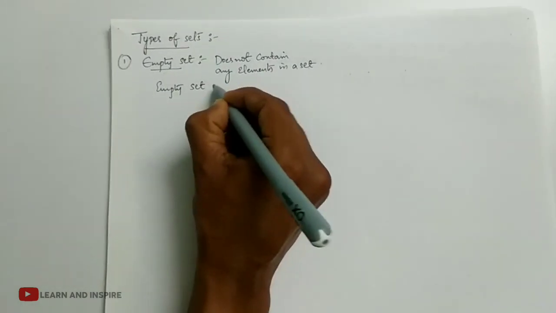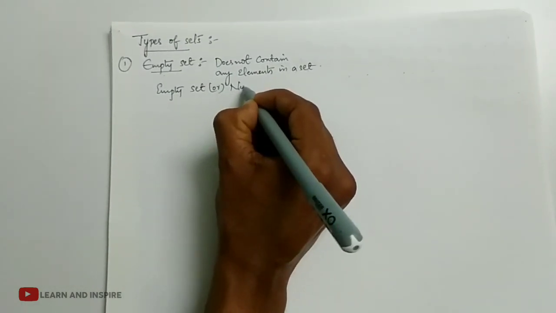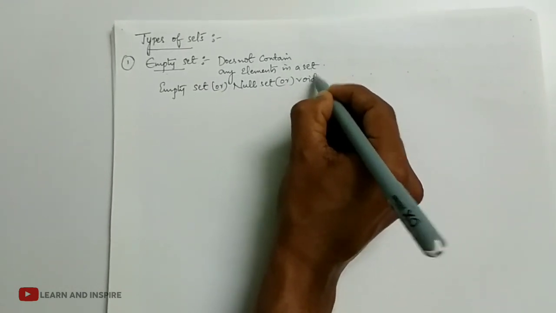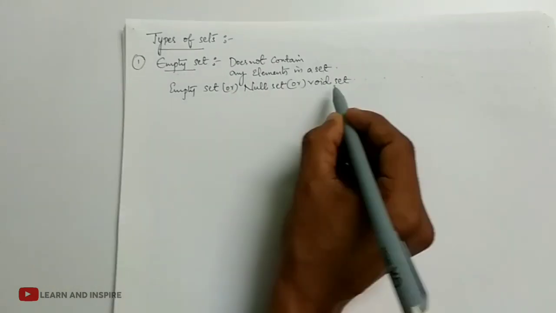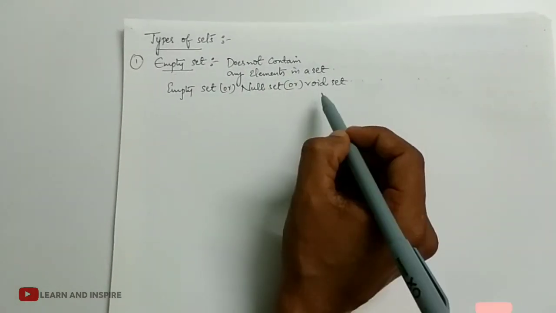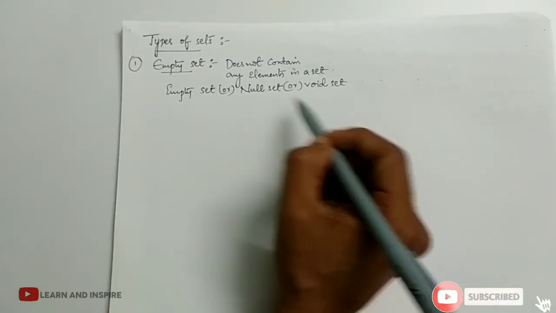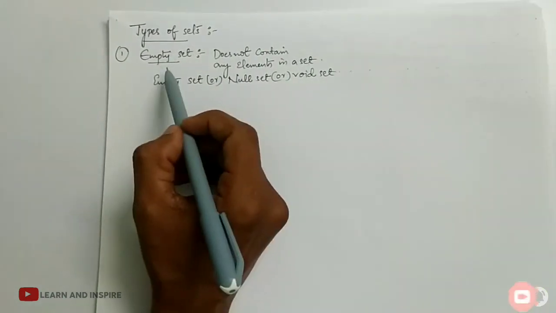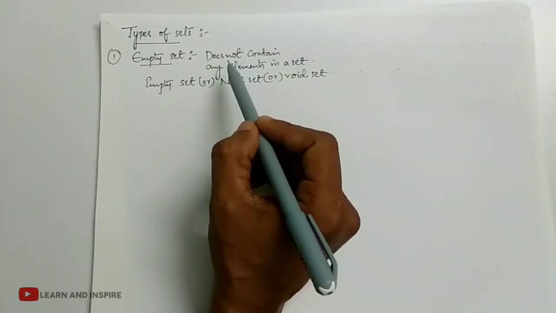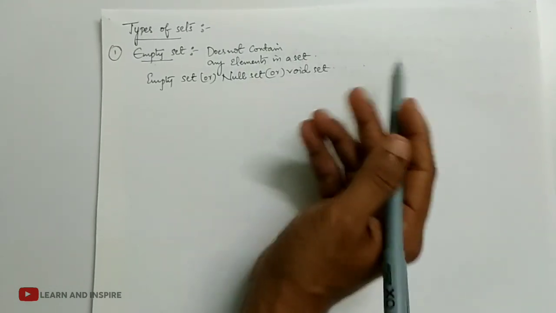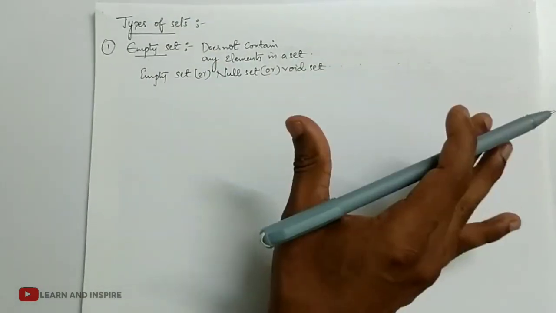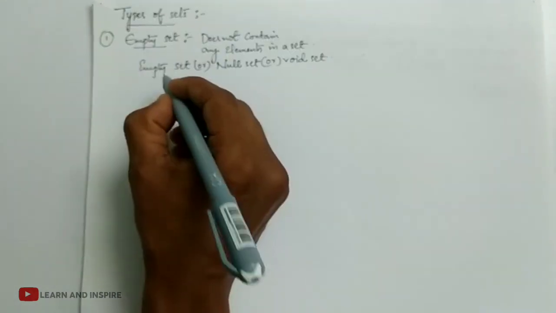We have other names too: a null set, or a void set. So these are the three names, and they are the same: empty set, null set, or void set. Simple definition: no elements in a set is called an empty set.